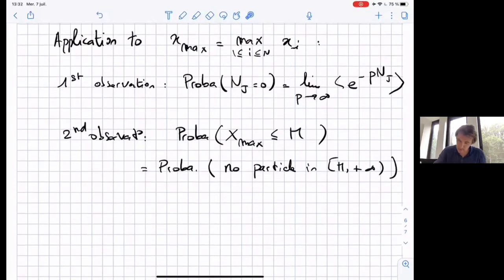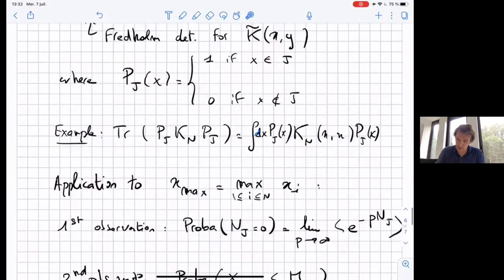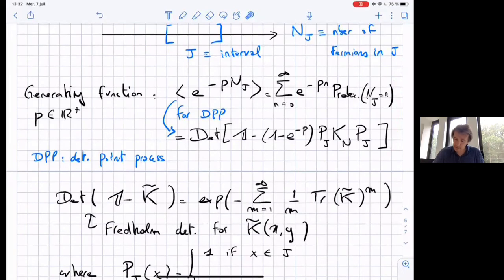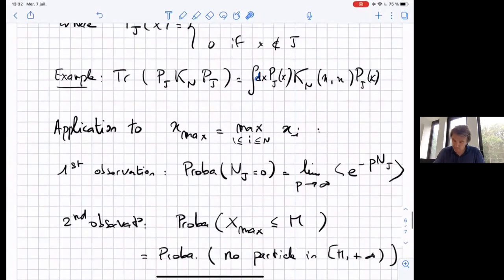And therefore, I can just use this formula that will tell me that this is the Fredholm determinant of identity minus the projector on this interval m plus infinity times Kn and times the same projector.